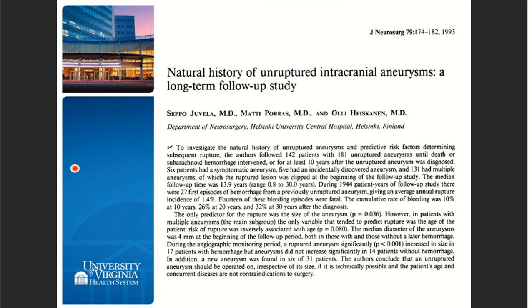In this study, they had 142 patients with 181 aneurysms. During close to 2,000 patient years, 27 patients experienced rupture. That came to an annual rate of about 1.4% per year. That was the number that was taught to me during my training, that the risk of an aneurysm rupturing spontaneously is about 1.5%. Cumulative risk about 32% at 30 years.